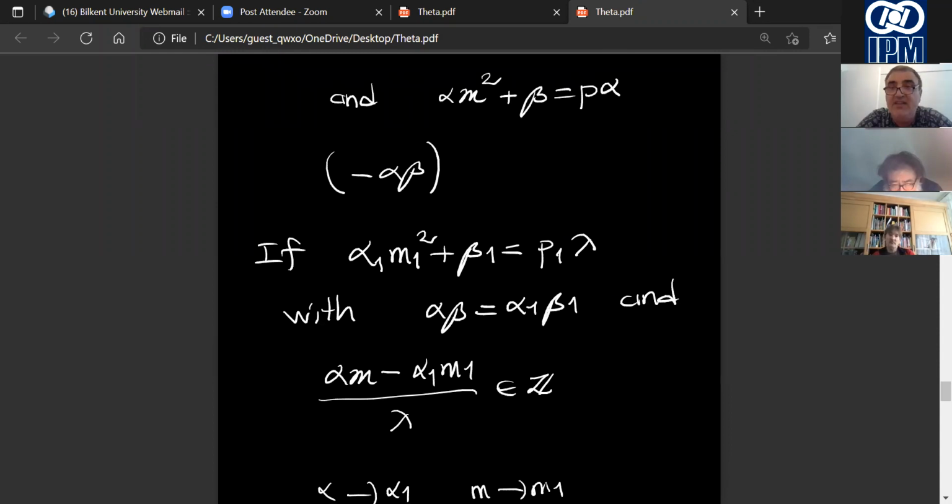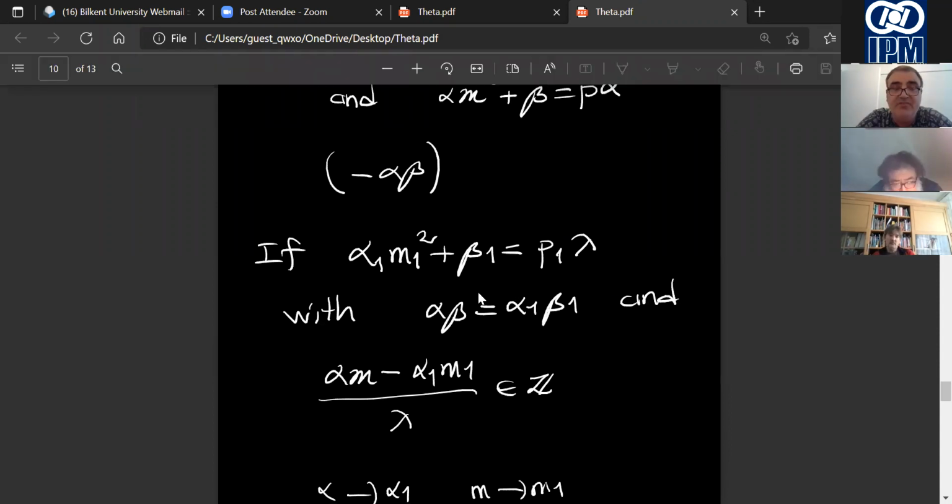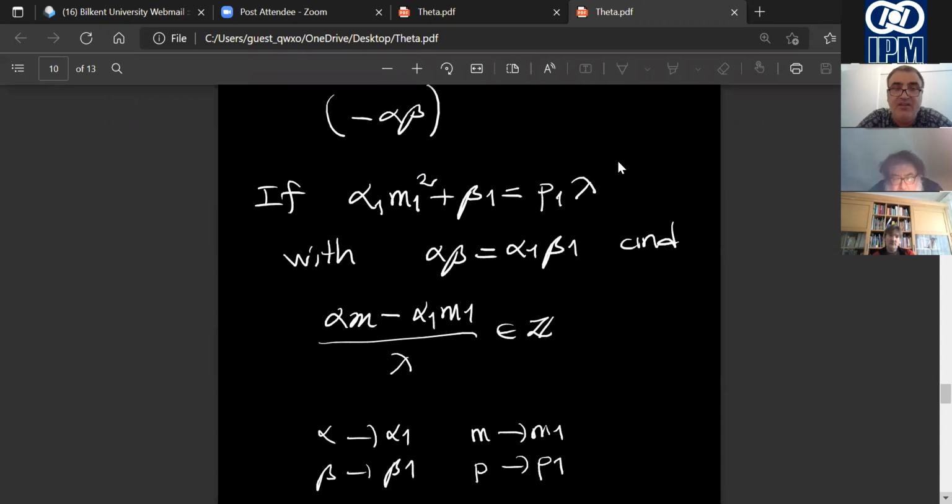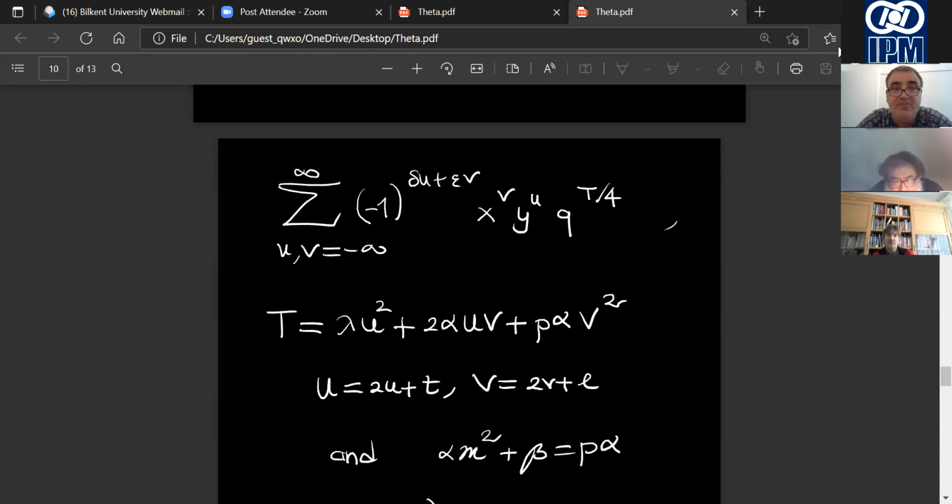Then basically here we make a simple change of variables without changing the discriminant. So basically you have an equivalent quadratic form here. So alpha goes to alpha 1, beta goes to beta 1, m goes to m1, p goes to p1, lambda is fixed. All those variables x, y are changed suitably.